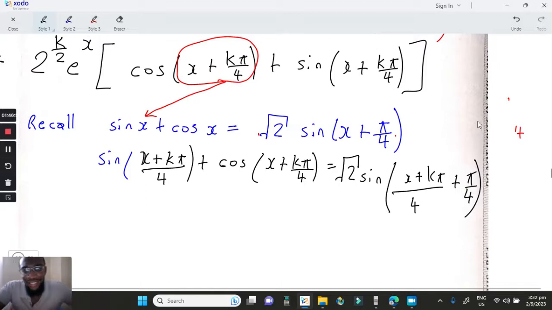Did you see what I do? Everywhere x is, I put x plus k pi over 4.